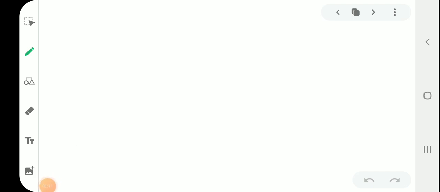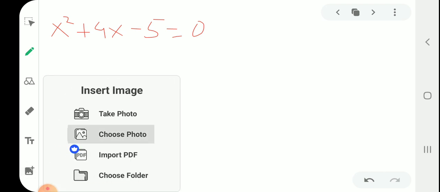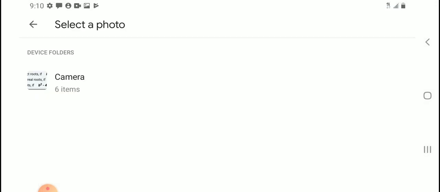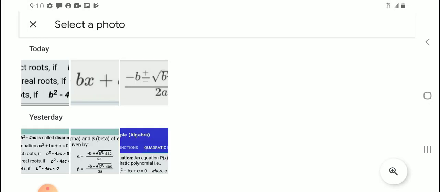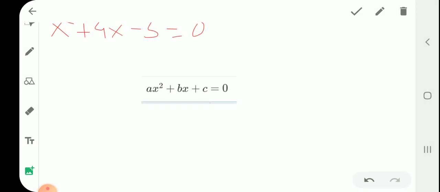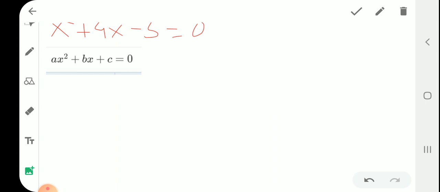Let's have an example. Let's have x squared plus 4x minus 5 equals 0. So this is in the form of a quadratic equation, wherein we have ax squared plus bx plus c.